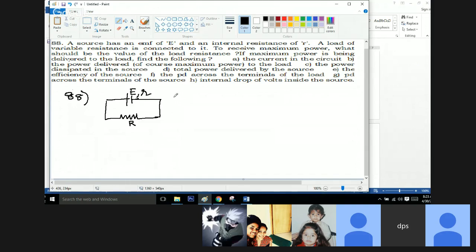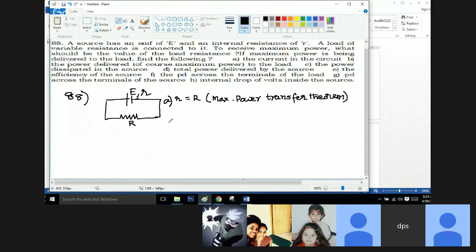What I was telling you, my dear, maximum power transfer theorem says that when internal resistance is equal to external resistance, you have written this, my dear. Okay, let us look at these things. A, what should be the value of R? That is, small r should be equal to capital R.